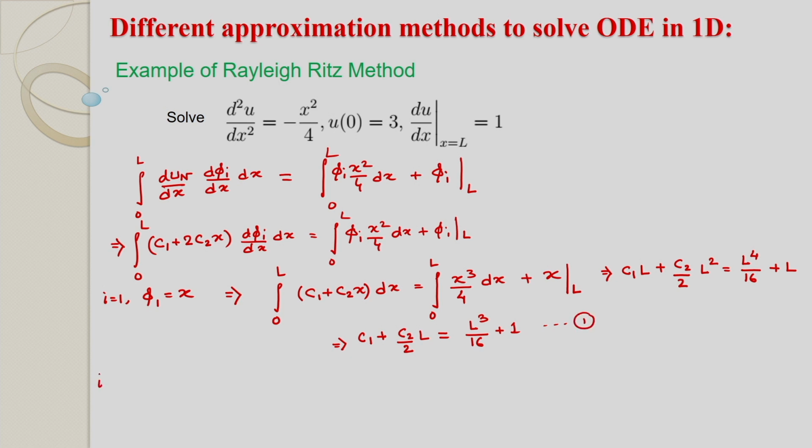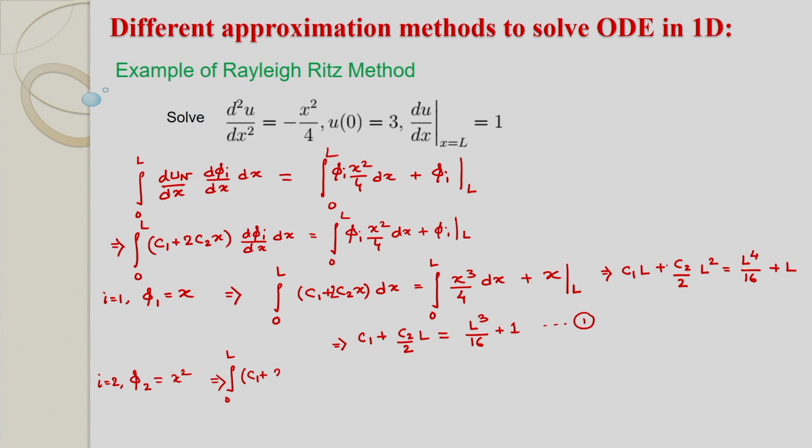Now for I equal to 2, our phi 2 is x square. So this will be phi 2. So 0 to L, this is 2 C2.